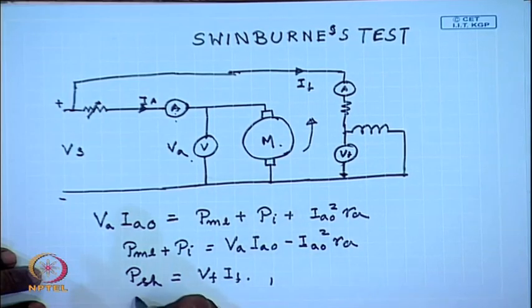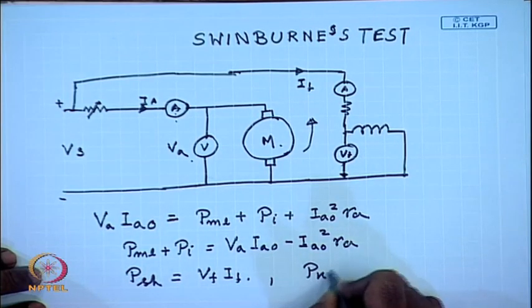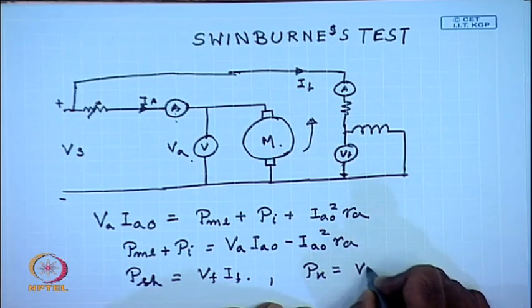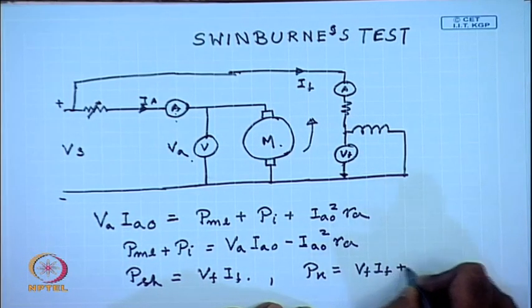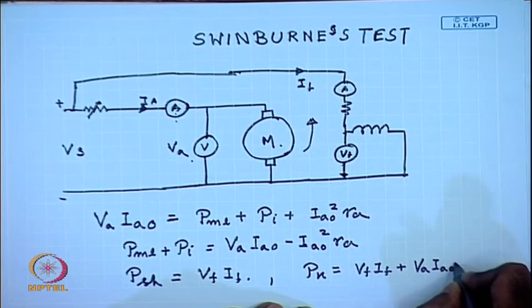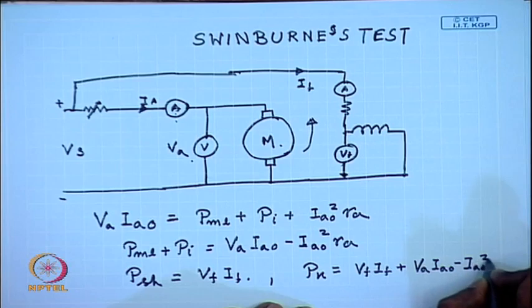So, Pk equal to Vf If plus Va Ia0 minus Ia0 square Ra.